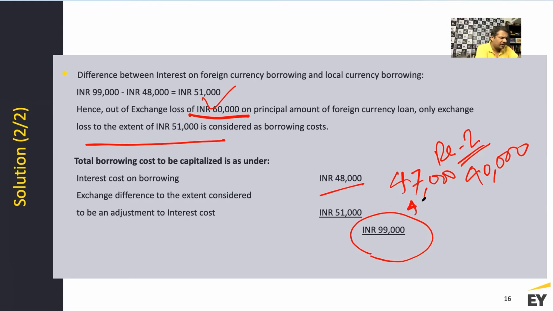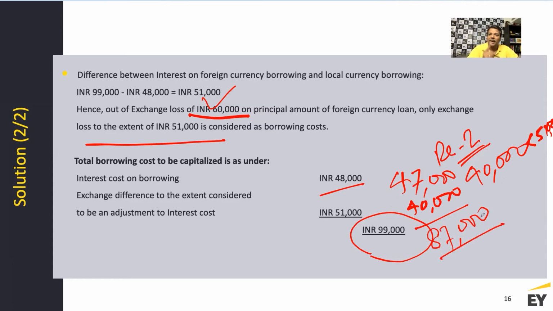This 40,000 is actually lower than the 51,000, right? So this 40,000 is what you would have added, and then the total would have been 87,000 instead of 99,000.